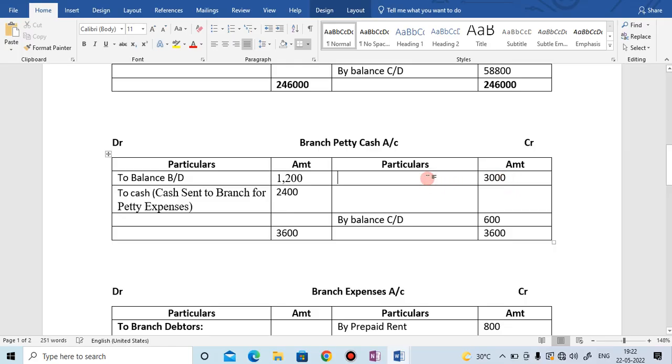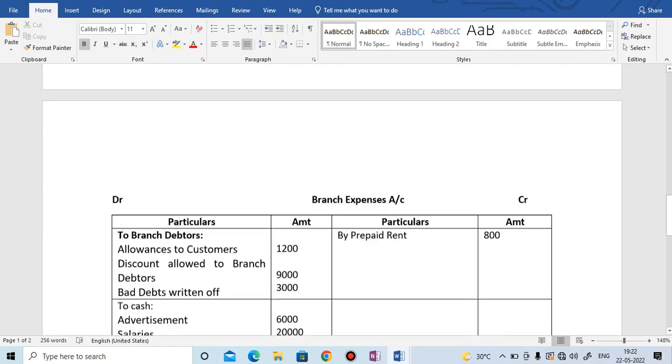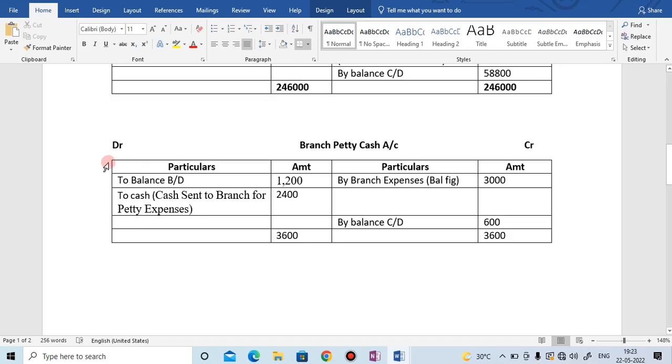So this 3,000 we write by branch expenses, the balancing figure of the petty cash account, and we transfer it to the branch expenses account on the debit side. So we wrote here by branch expenses, balancing figure, 3,000.